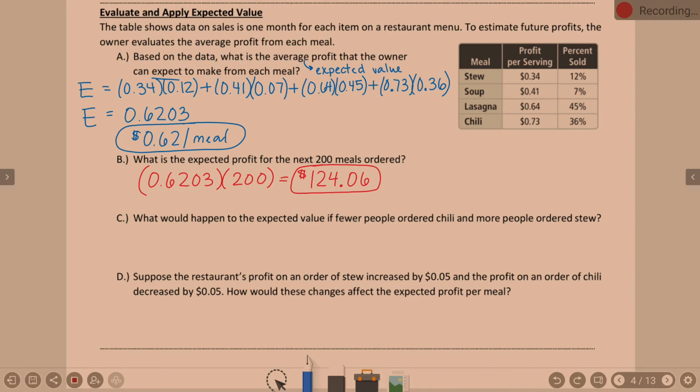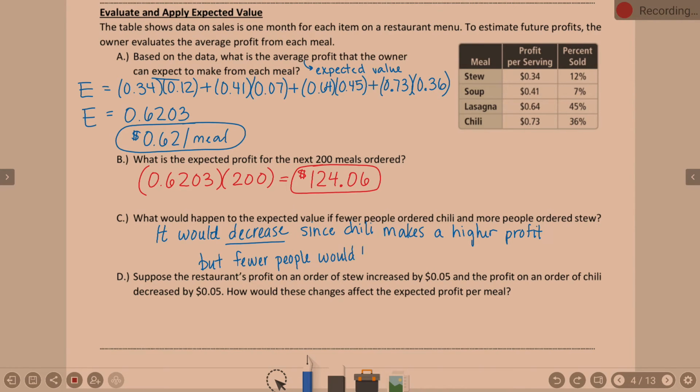So it would decrease, and that would be since chili makes a higher profit, but fewer people would be ordering it. You write down a description that works for you.